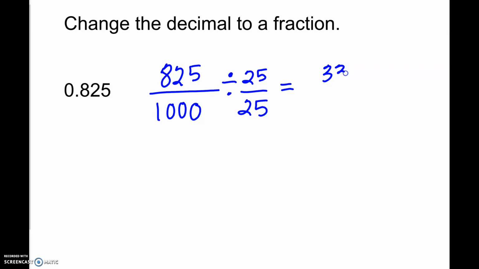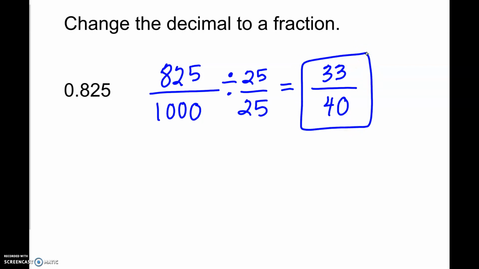So we're going to get 33. And now how many quarters would it take to make $10? If we were at 32, and we need to go plus 4 is 36, that would be $9, and another 4 quarters, so we're going to be at 40. So 33/40. And that is simplified. So the decimal 825 thousandths as a fraction is going to be 33/40.